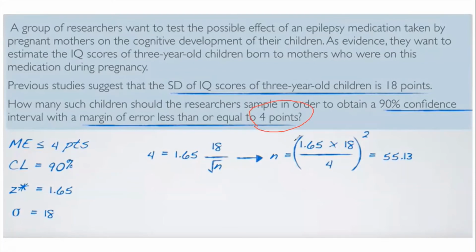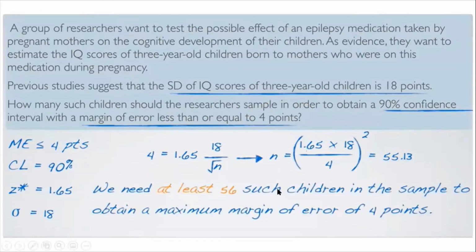If you increase the margin of error, this value will go down. If we decrease it, it will go up. So when you want a narrow margin of error, you need a larger sample size. That is the point here.